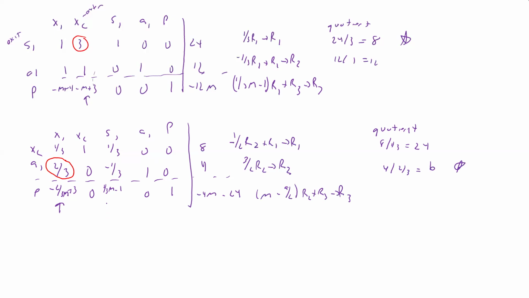Now, do I think I can fit the next one on that page or not? We can try. So this one's going to enter, this one's going to exit. And so now we're going to have x2, x1, p. This is going to be x1, x2, s1, a1, p. And so if we multiply that one by 3/2, we're going to get a 1.